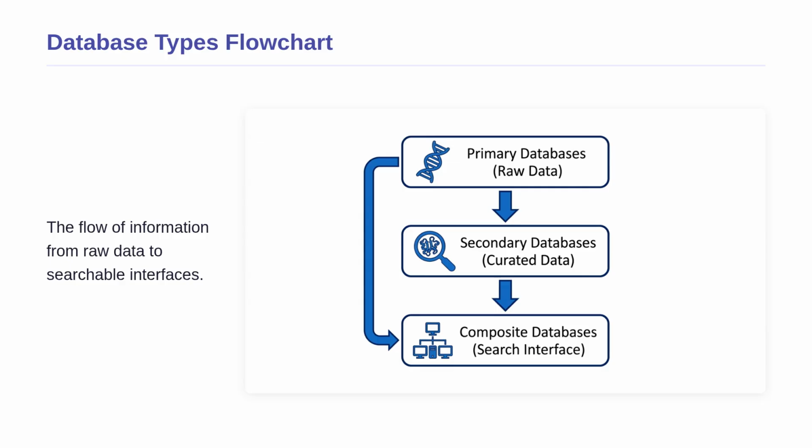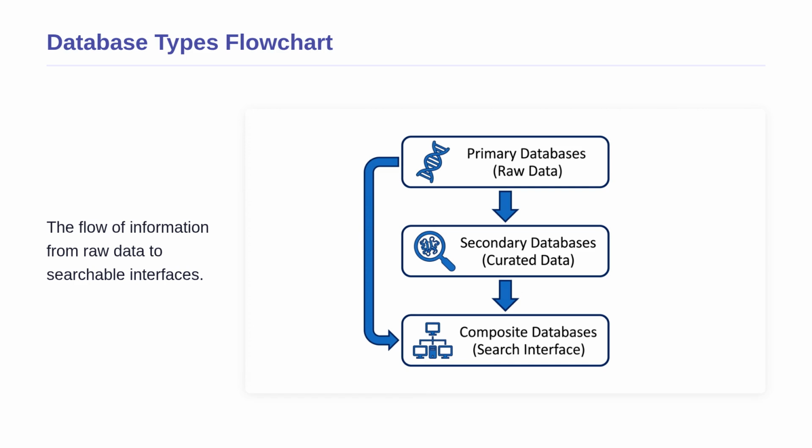Before we move on to the mathematics of how these databases grow, let us visualize their relationship. Here, we see a clear flowchart illustrating the flow of biological data. At the top, we have the primary databases, representing the raw DNA data entering the system.